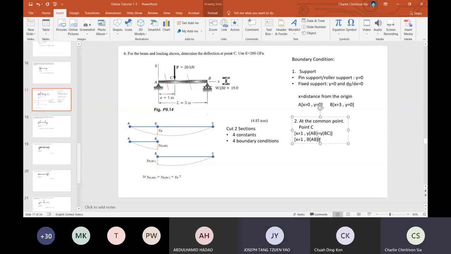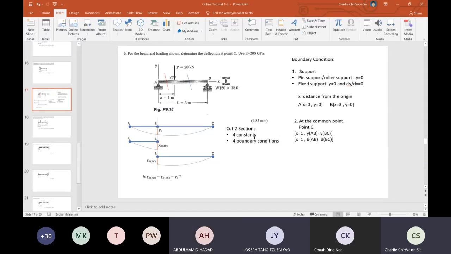So the slope at AB equals the slope at BC. From here we are able to generate another boundary condition. So in total we will have 4 boundary conditions, for 4 constants. By using these boundary conditions, we are able to determine all the constants.